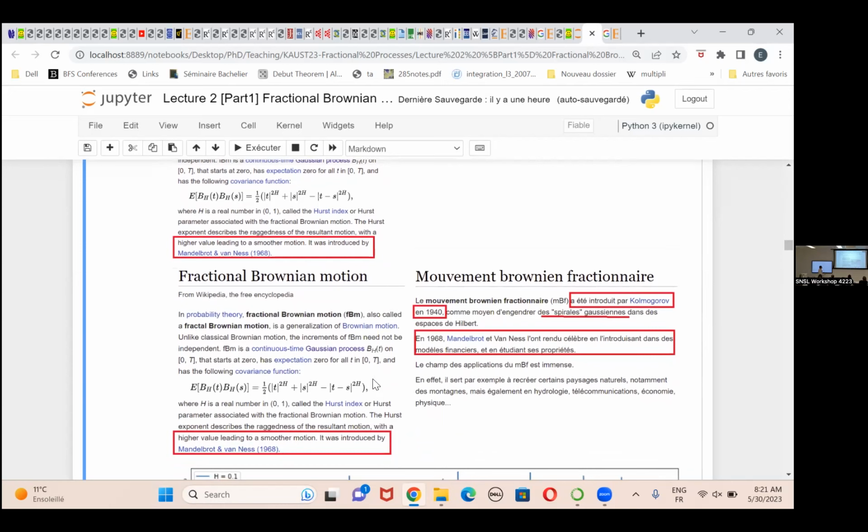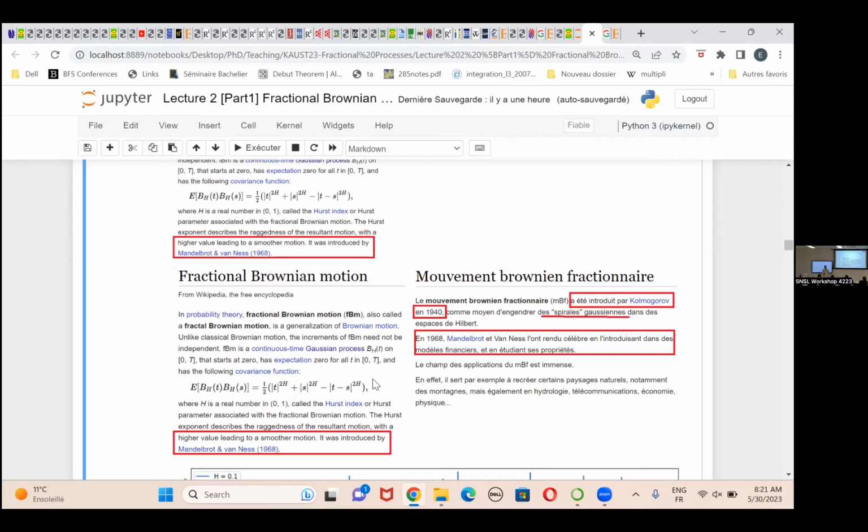What the French page tells you is that Mandelbrot and Van Ness actually popularized this object in finance in 1968, but it was introduced by Kolmogorov in 1940, who gave it another name: he called it the Gaussian spiral.